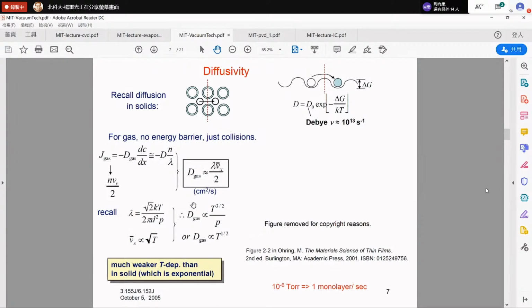But we already talked about the mean free path as a function of temperature and pressure, right? So if you plug this in, the D gas will be proportional to the temperature to the power of 3/2, and inversely proportional to the pressure. So I think this is a quite important relationship we need to understand.